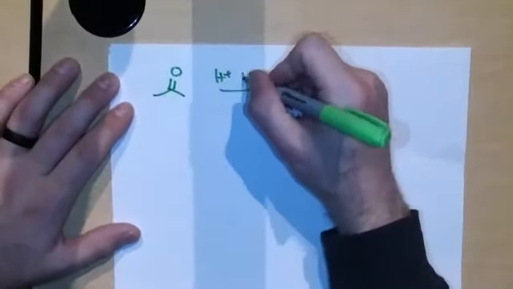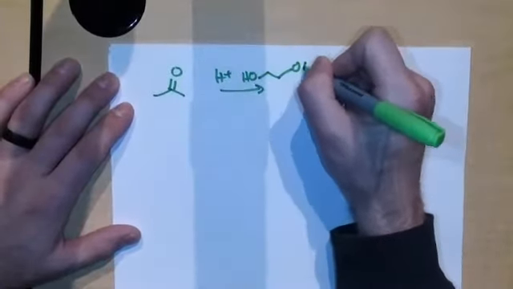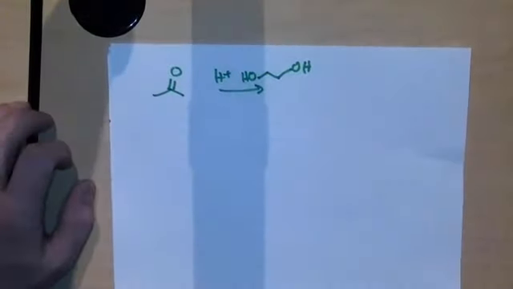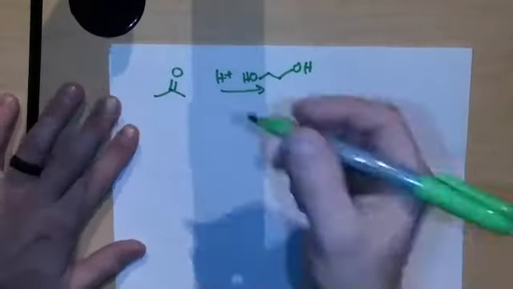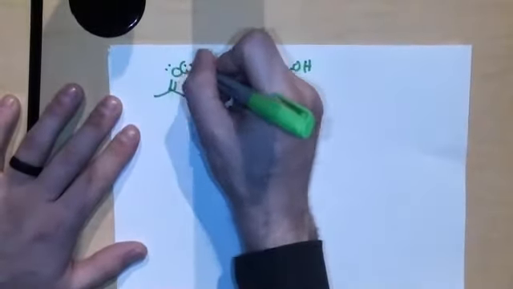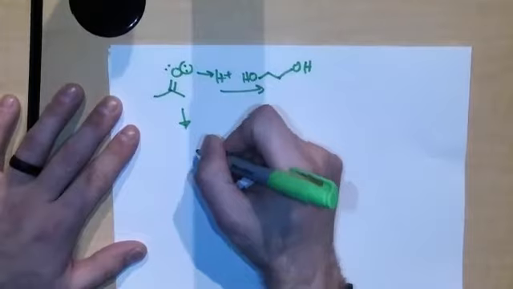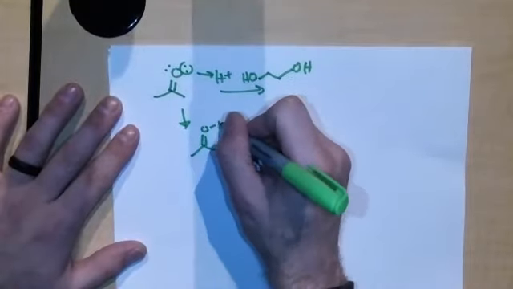So we're doing the same thing. We're just going to have both of the oxygens that attack come from the same molecule. So we'll pick up a proton, make our protonated carbonyl.